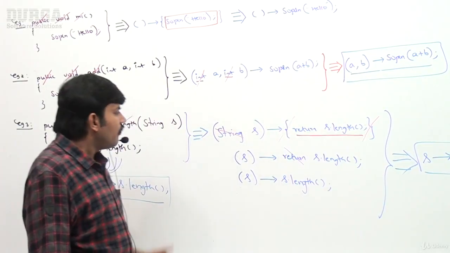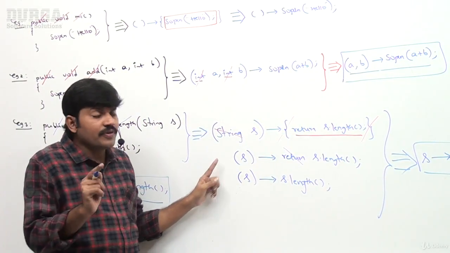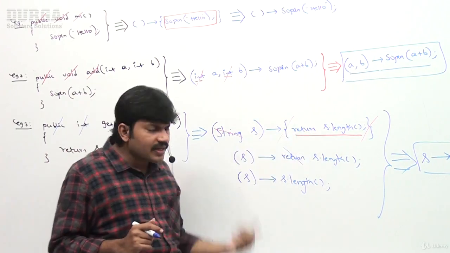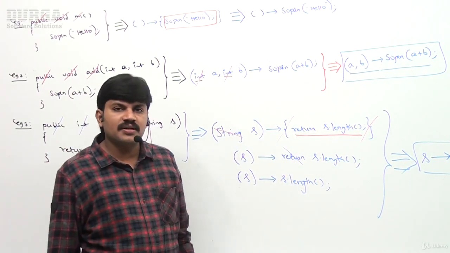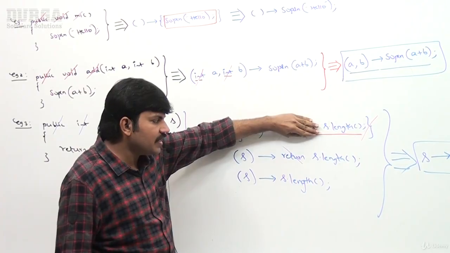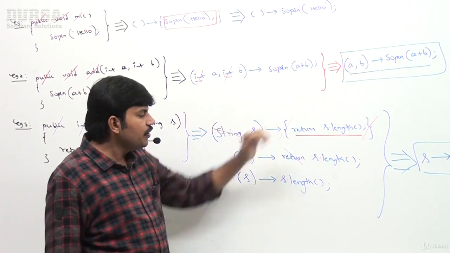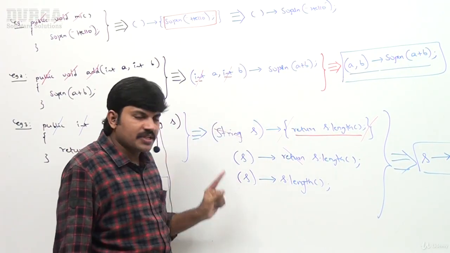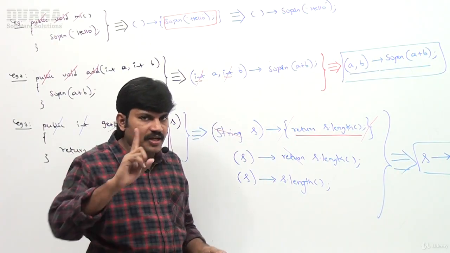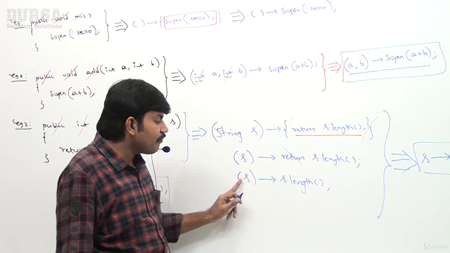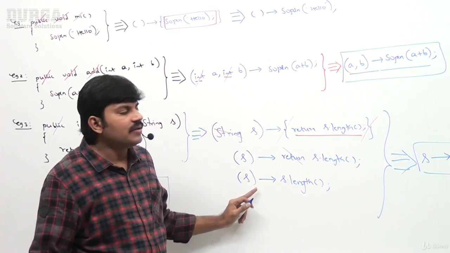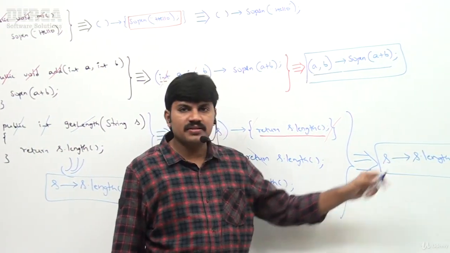Now, observe. What is the next one, sir? If the lambda expression returns something, the compiler can guess automatically. We are not required to write return. First point: if only one parameter is there, if the lambda expression can take only one input value, then parentheses are also optional. Then simply S gives S dot length.